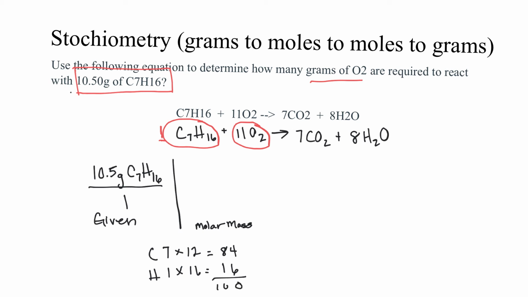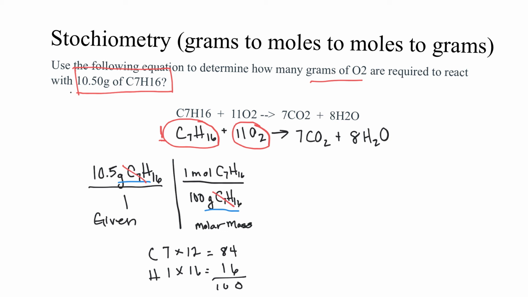So we have 100 grams as the molar mass. And so 1 mole of C7H16 is equal to 100 grams of C7H16, okay? And notice we have grams here, so we put it in the denominator so that we can cancel. And so now those cancel.